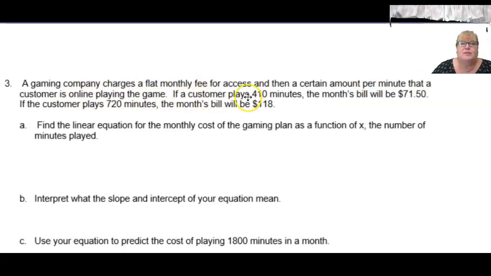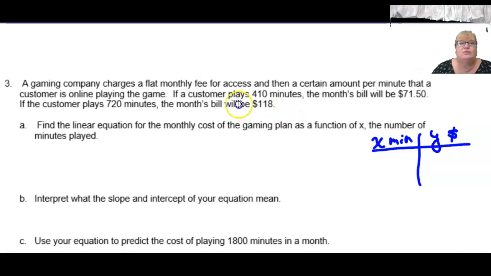If a customer plays for 410 minutes, the bill was $71.50. The customer plays for 720 minutes, the bill was $118. Find a linear equation for the cost of the gaming plan as a function of X, the number of minutes played.